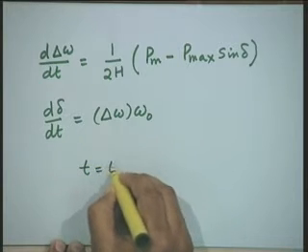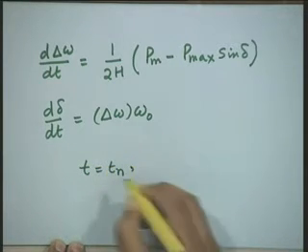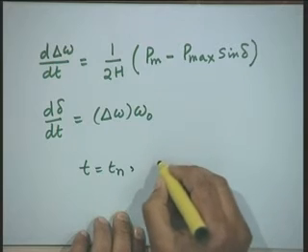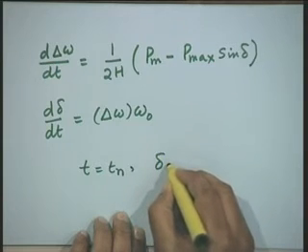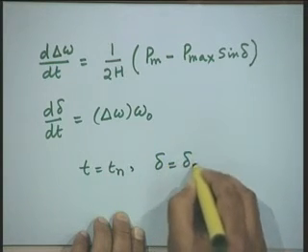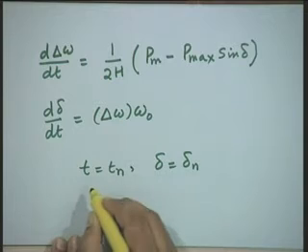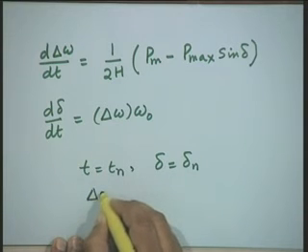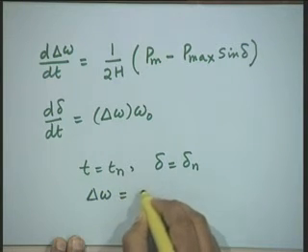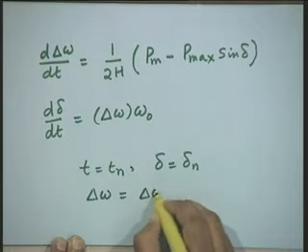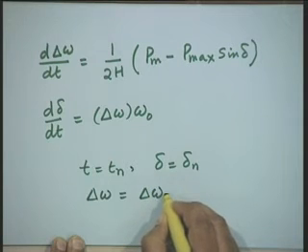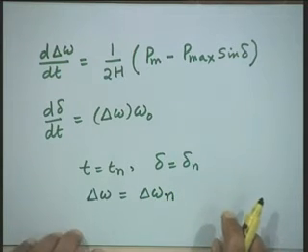Let us assume we know that at t equal to t n, delta equal to delta n and delta omega equal to delta omega n.